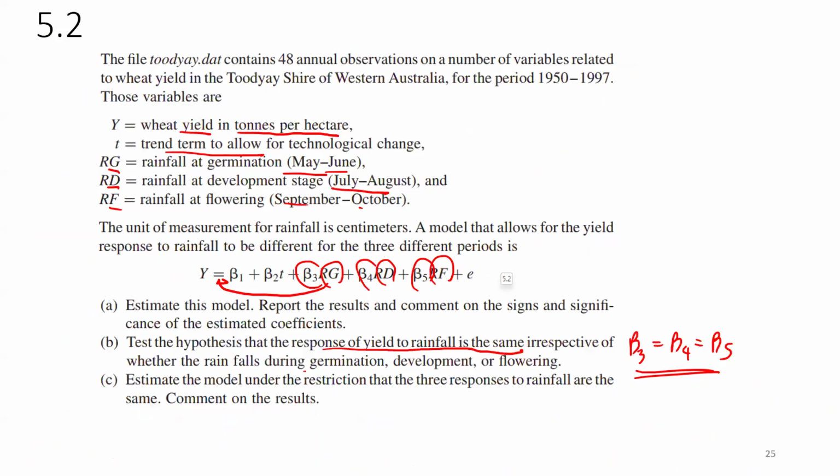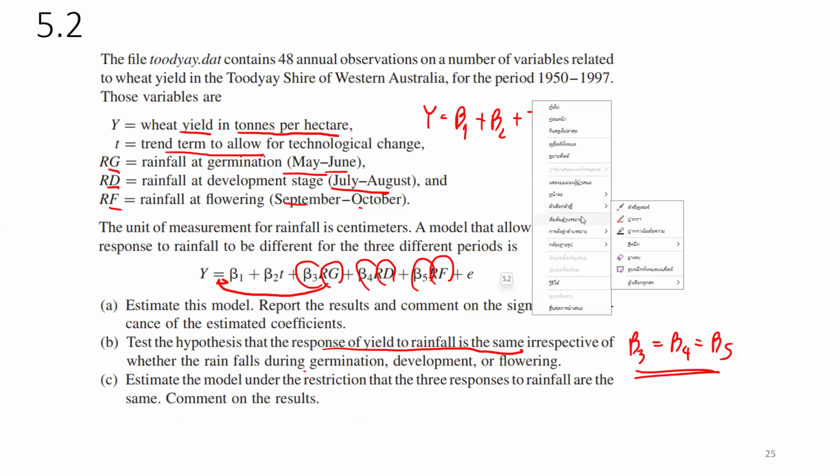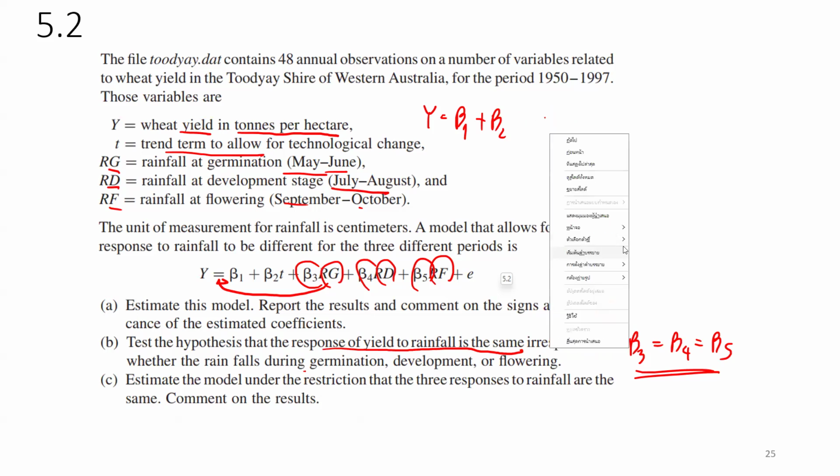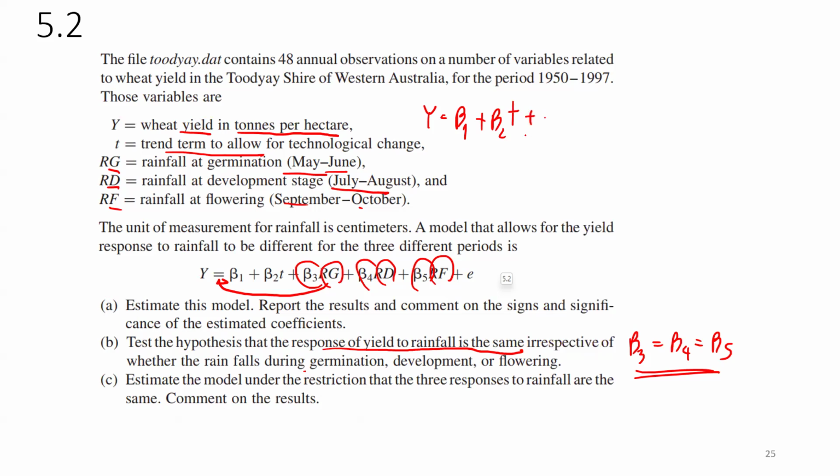Since all the betas are the same, you can change the equation. Beta 3 equals beta 4 equals beta 5, right?